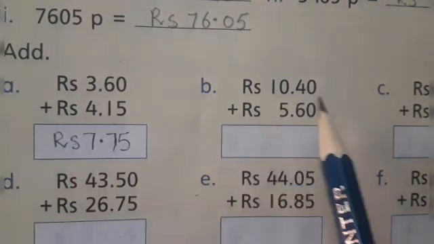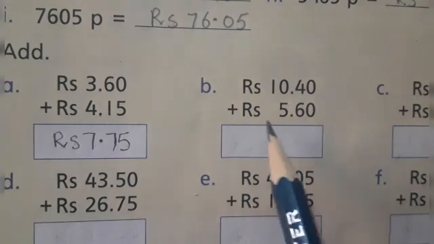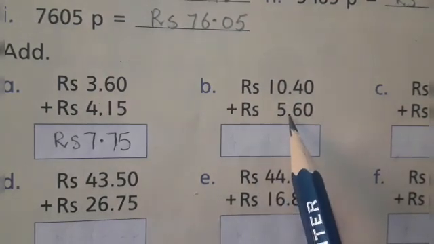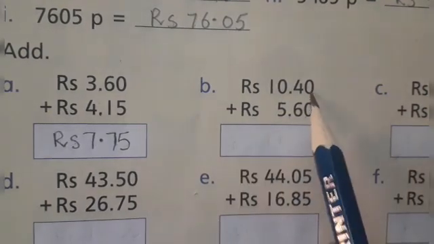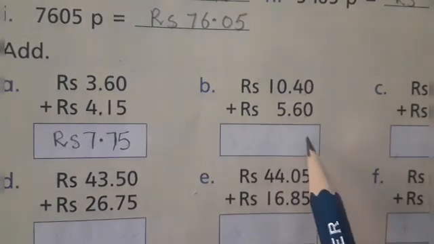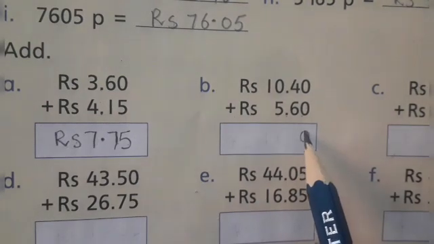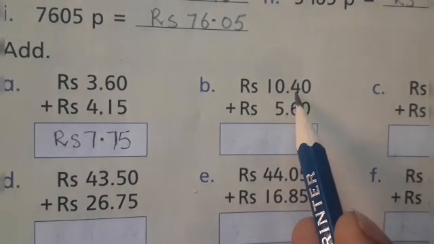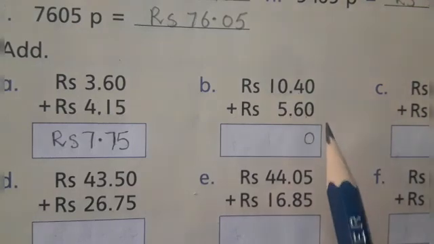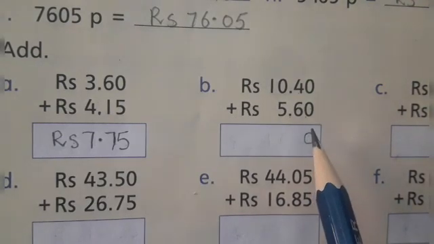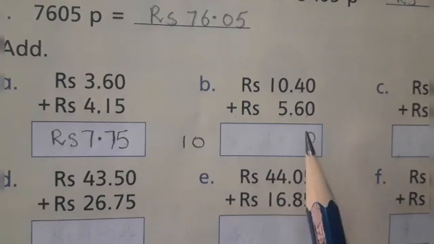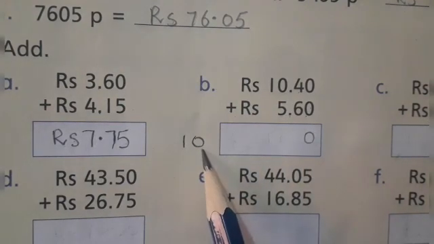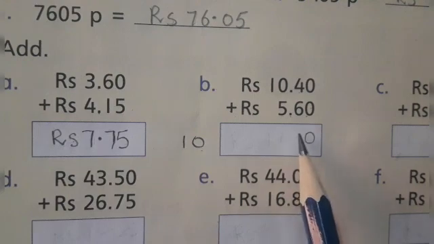Now move to the next question. Rupees 10.40 plus rupees 5.60. So let's start adding. 0 plus 0, obviously 0. 6 and 4 is 10. So students, as you know, when in addition we have two digits in the answer, we will not write 10 over here.